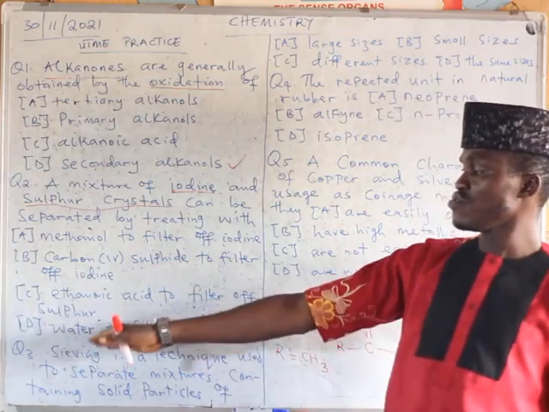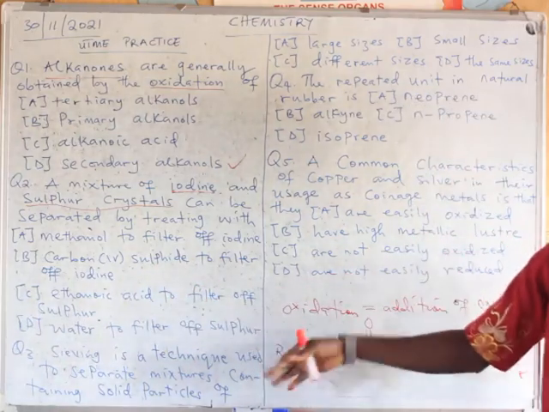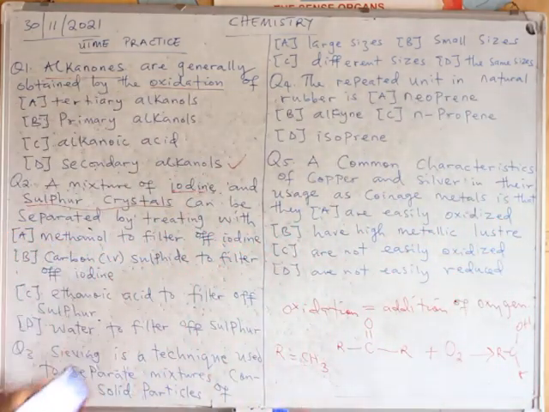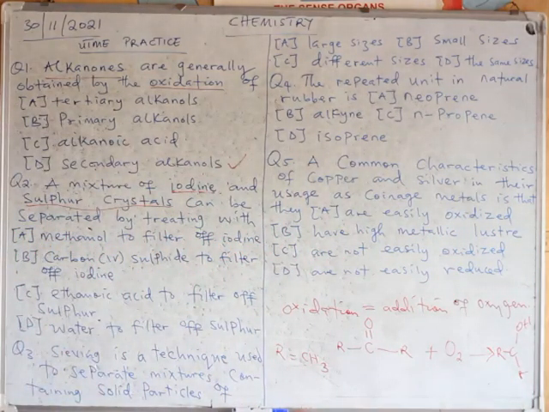Or are we going to use water to filter off sulfur? So which one is our correct answer now? Which option are we going for? This very particular question is under separation technique. Is that not so? So in that case, what are we going to have?